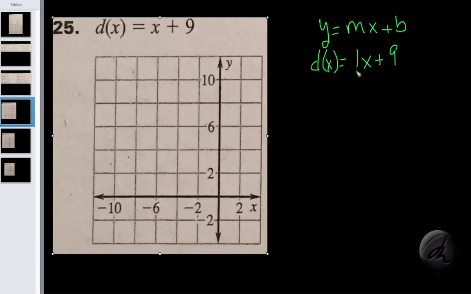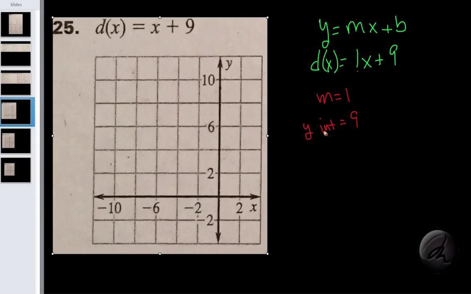Remember that 1 there is assumed? So I already know the value of my m. My m in this case equals 1, that's my slope, and my y-intercept in this case equals 9.